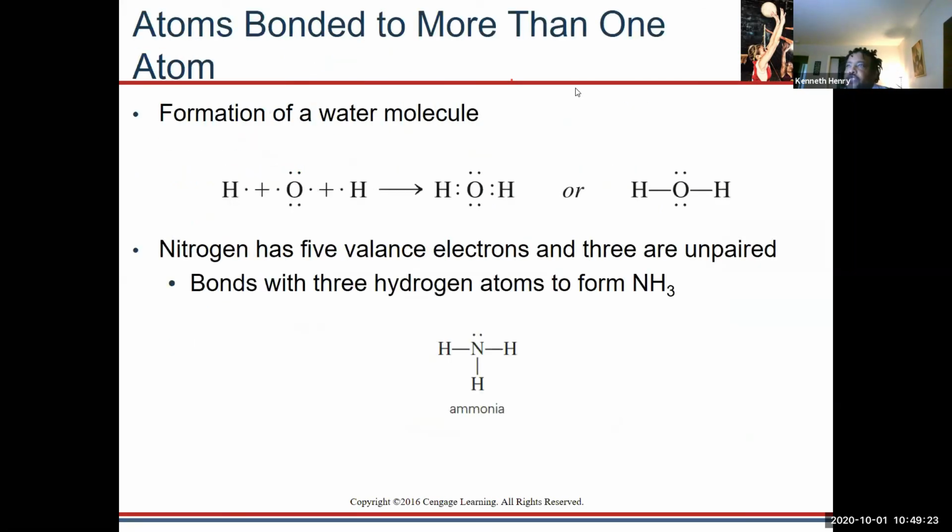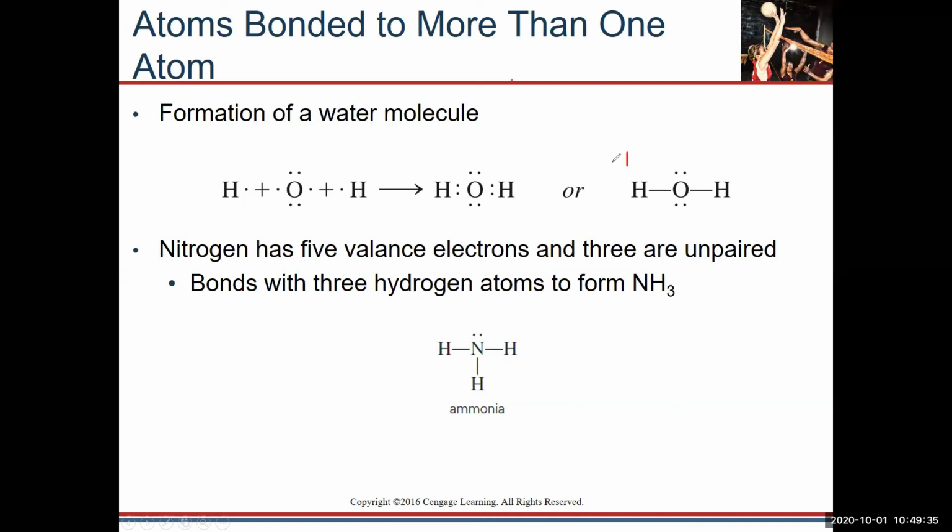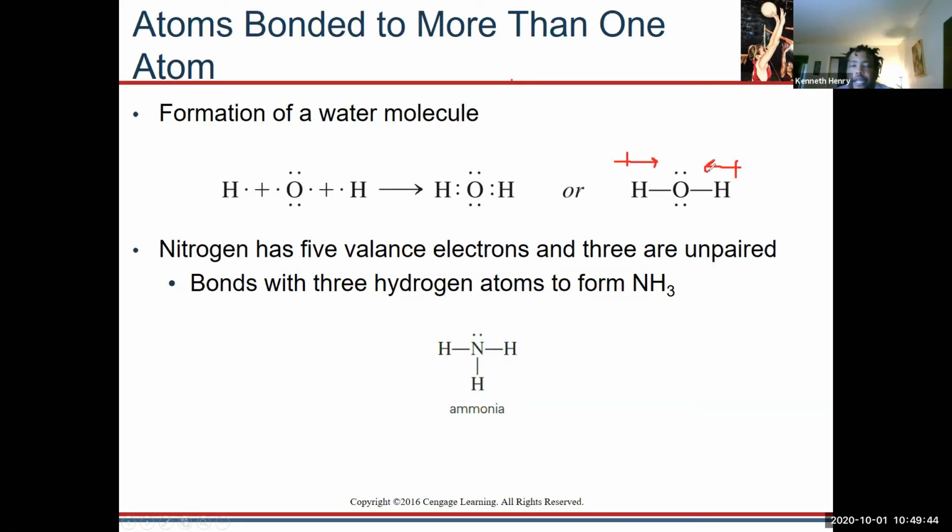So which way is the dipole moment going? Which way is the arrow going to point? Towards the oxygen. So now since both of these are going towards the oxygen, that means that the molecule itself is going to have a polar movement.